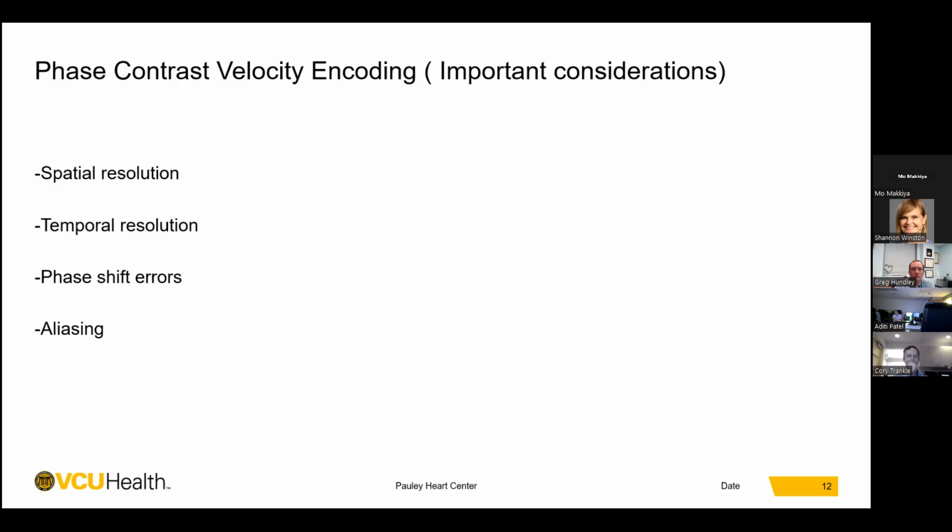This modality is dependent on the flow being laminar and having a homogeneous field. Phase shift errors can happen when you have eddy currents resulting in inhomogeneous fields, and turbulent flow with high acceleration. This typically occurs at high velocities, like when we evaluate for aortic stenosis and you have velocities of more than 4 meters per second, or 3.5.